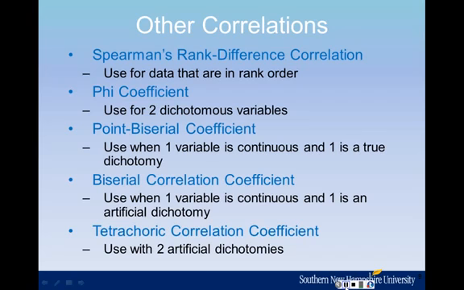So you see there's some for rank order, there are some for when variables represent two categories, or when one represents some categories and the other represents continuous numbers, etc. So if you have different types of data, there are different kinds of correlations, and they're just different formulas that you can use on those types of data. Just want you to be aware of these.